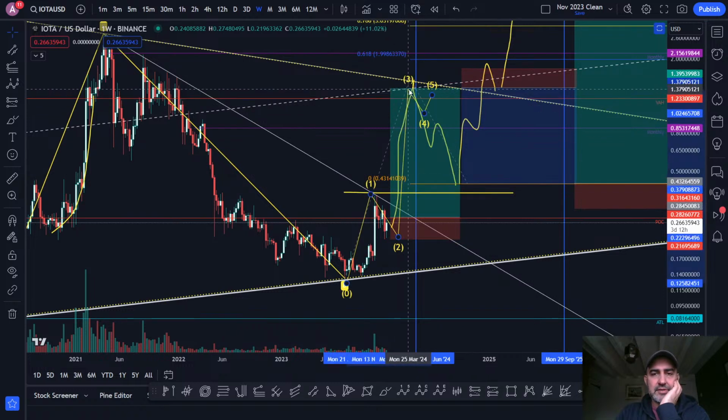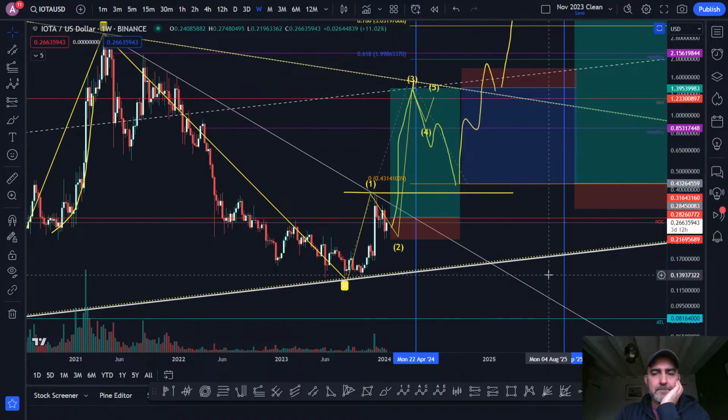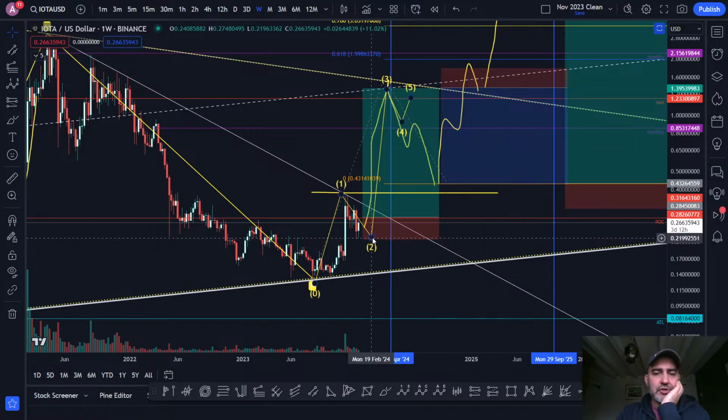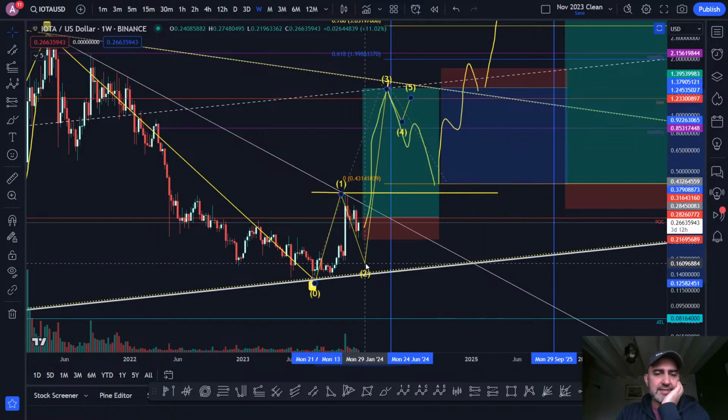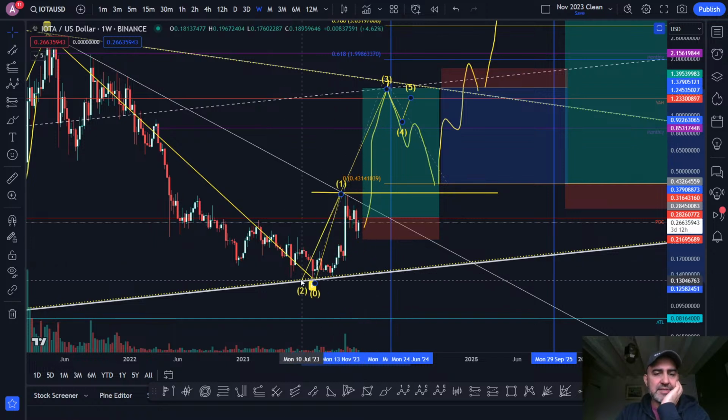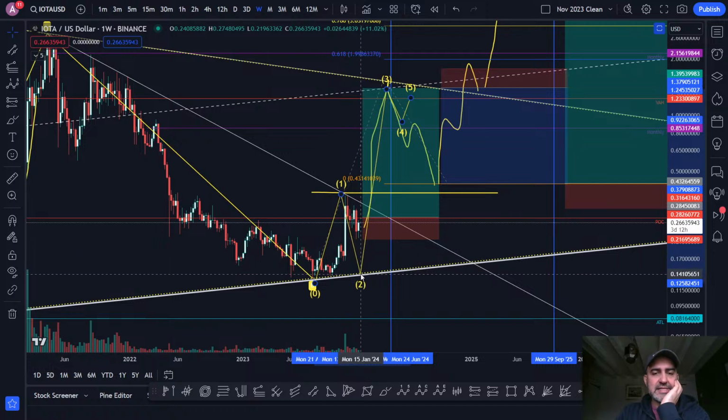I don't know how this is going to be, I'm just making this up. This 2 can technically go as far down, but it mustn't come underneath the 0. So it could come down to here, all the way down to here.